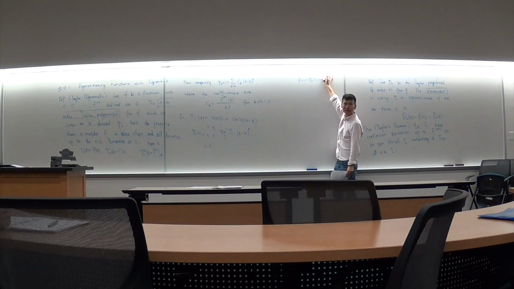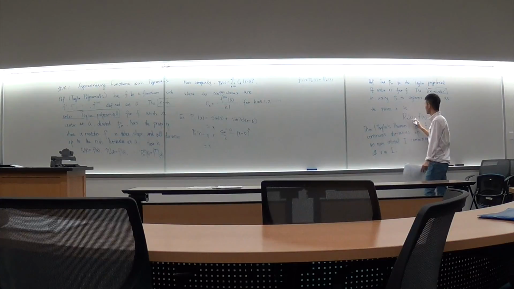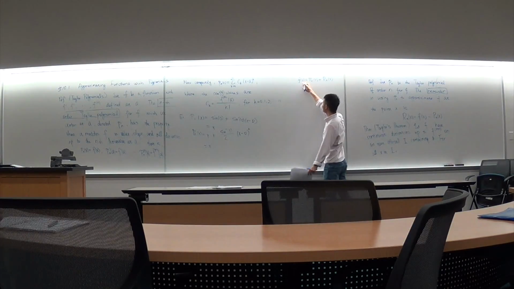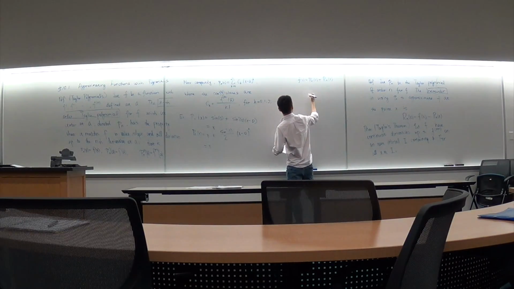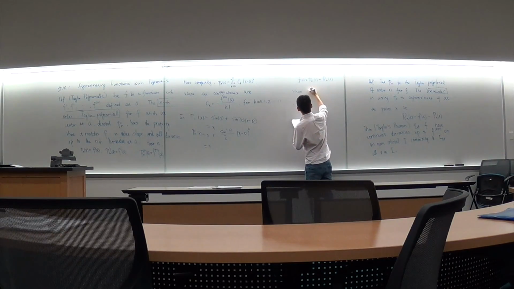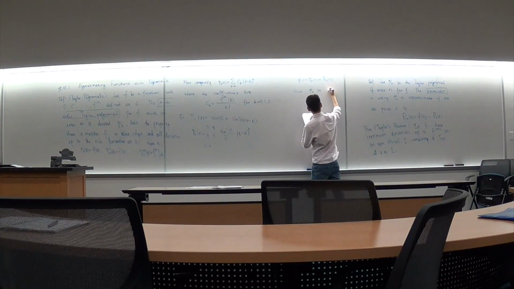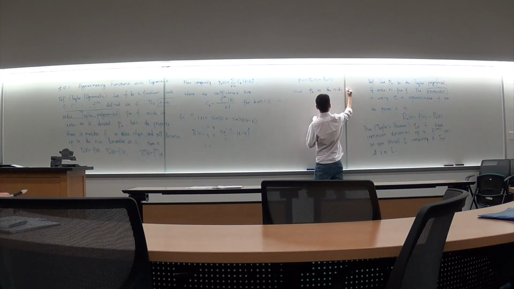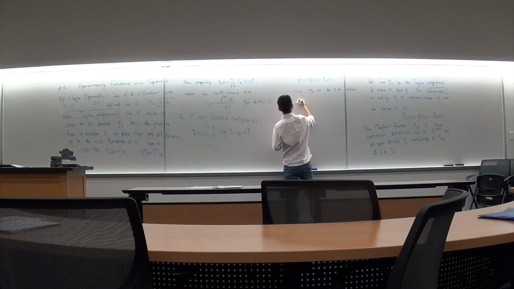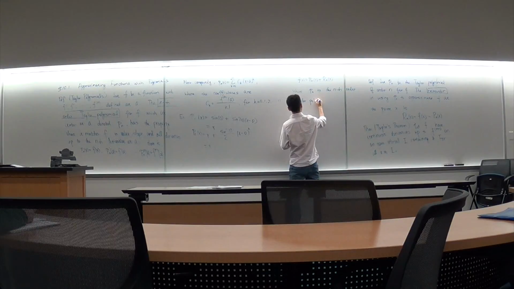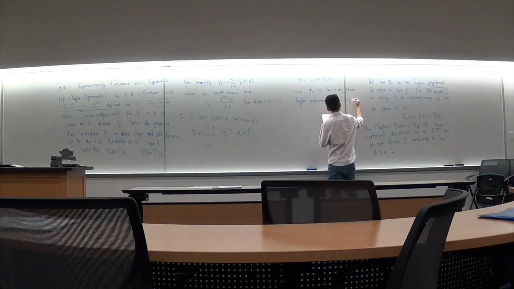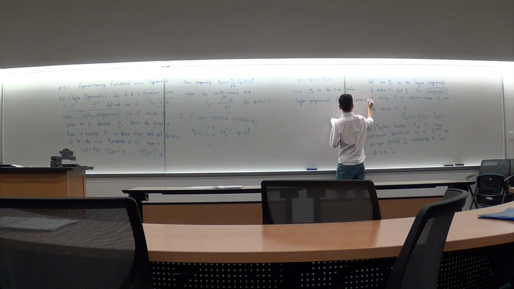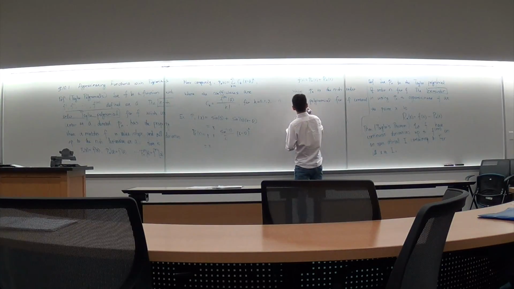The remainder is simply the difference between them, so with the remainder we can have an equality here, where p sub n is the nth order Taylor polynomial for f centered at a.